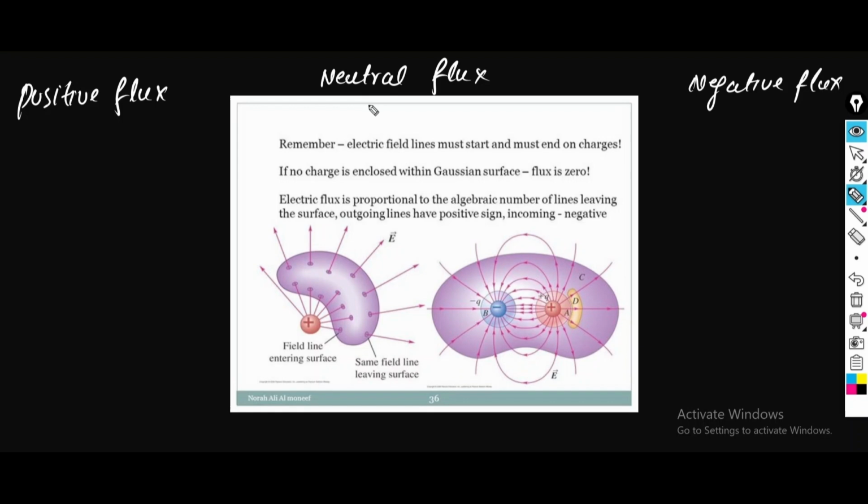Neutral flux is actually when the number of electric field lines entering the Gaussian surface is equal to the number of electric field lines leaving the Gaussian surface.